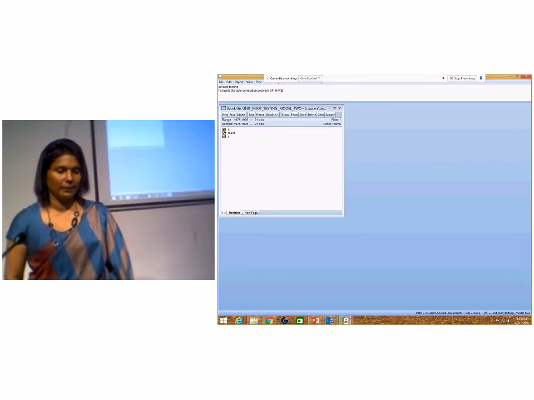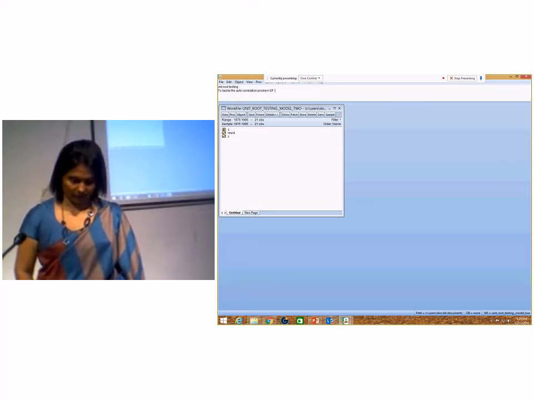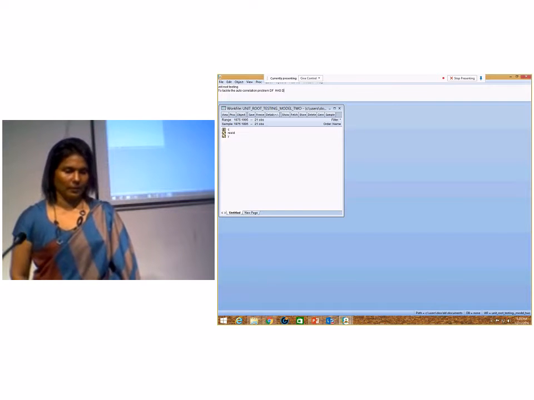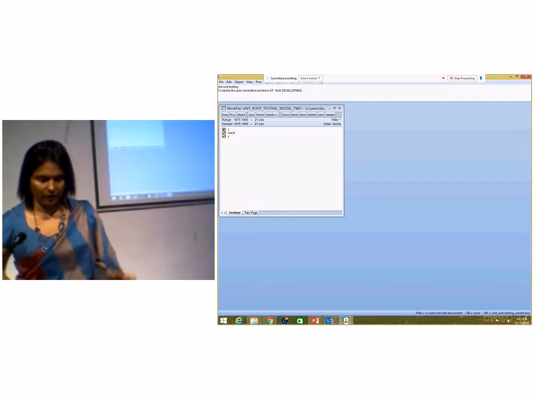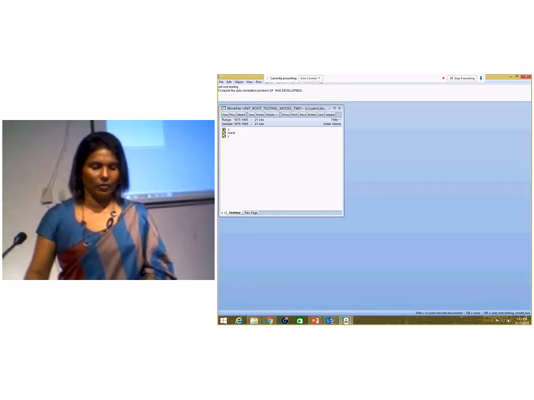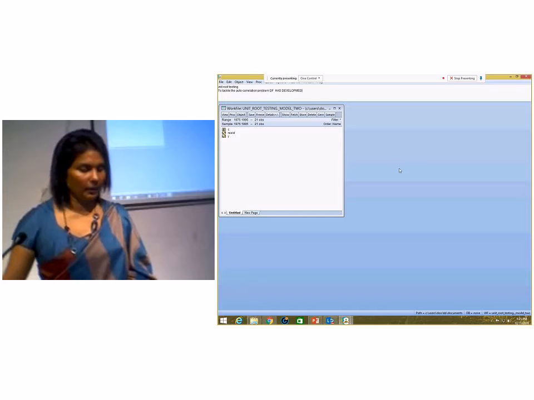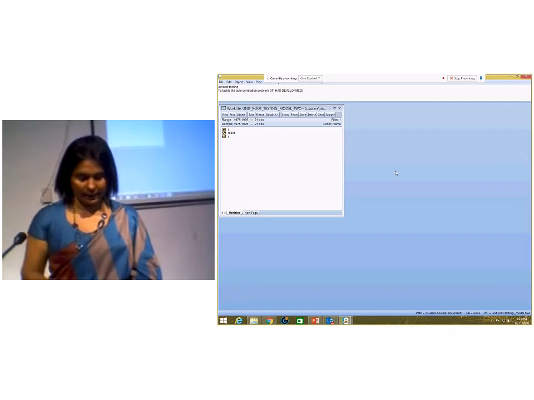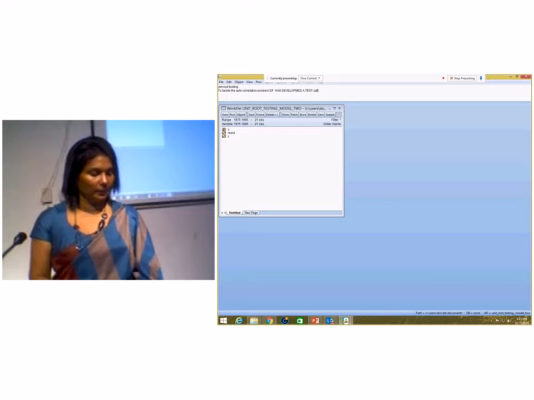Dickey-Fuller has developed a test called the augmented Dickey-Fuller test.